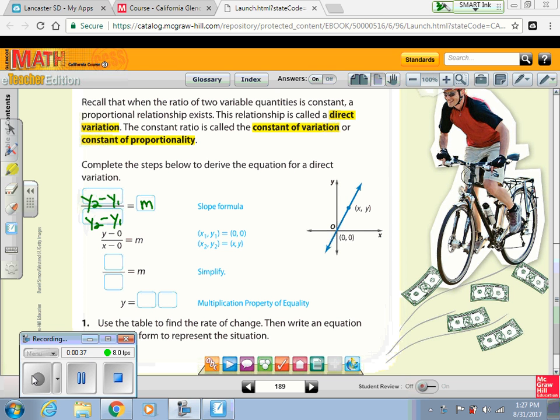But if you have part of that line going through the origin, you could say that one of your y's is 0, if it's going through the origin. So if we do y minus 0 and x minus 0, we end up with y over x.